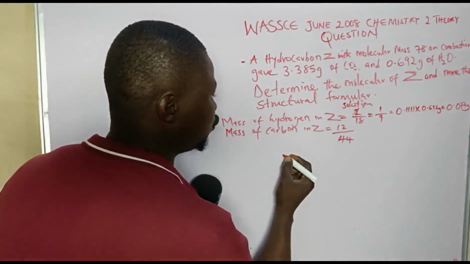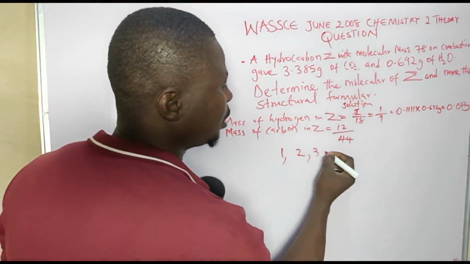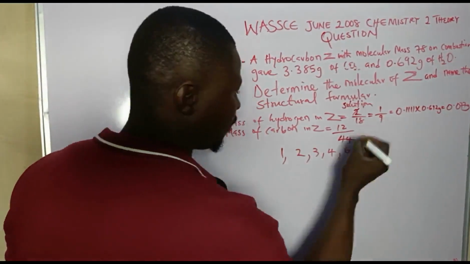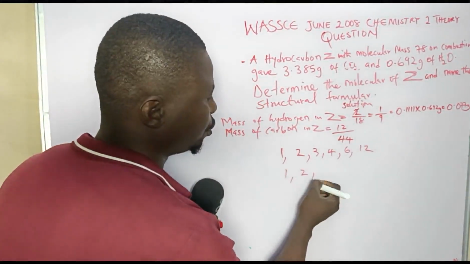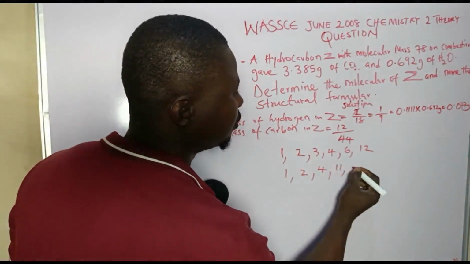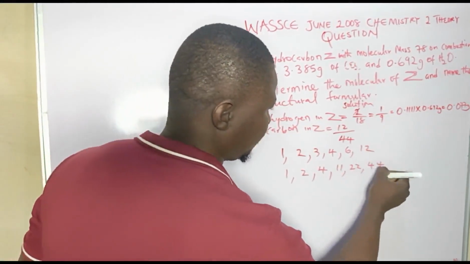For factors of 12, we have 1, 2, 3, 4, 6, 12. Then for 44, we have 1, 2, 4, 11, 22, and 44.